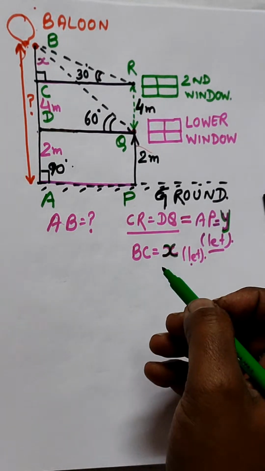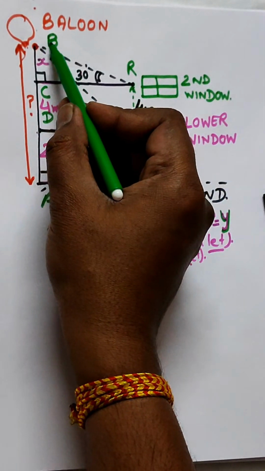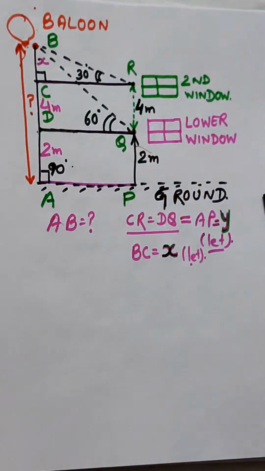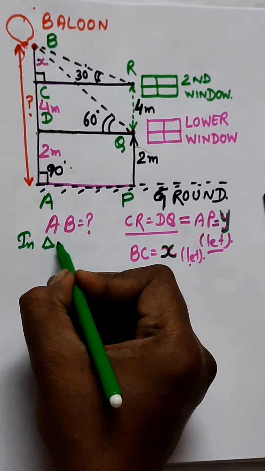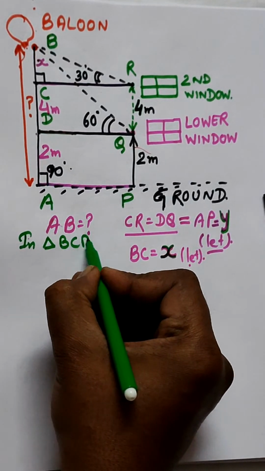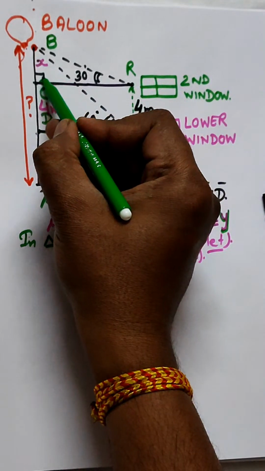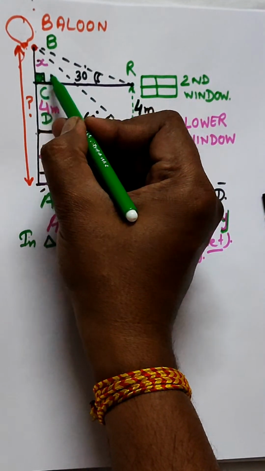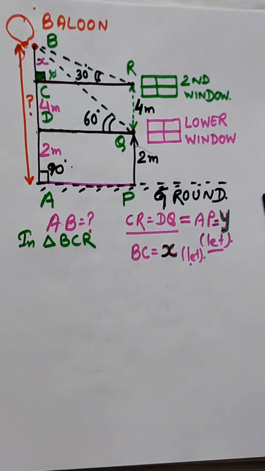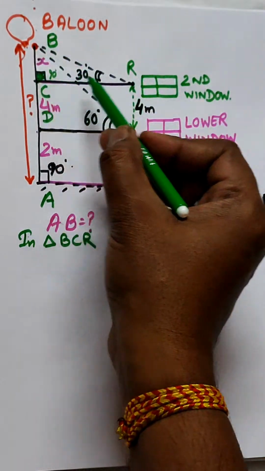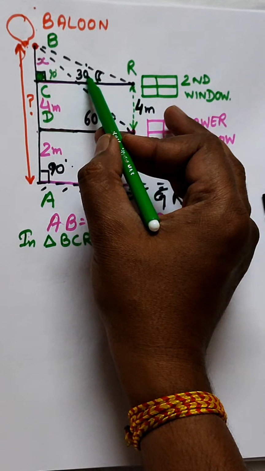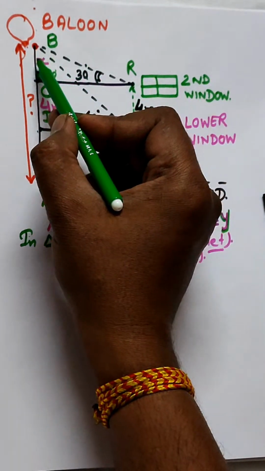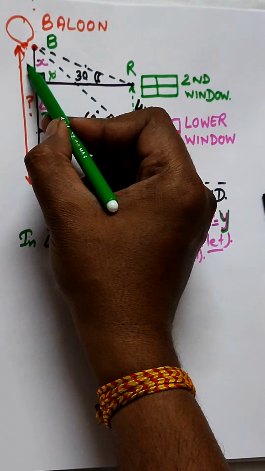Now let us consider the first triangle BCR. In right angle triangle BCR, this will be a right angle triangle because this is 90 degree. You can see here, this is 90, right? So in right angle triangle BCR, you know this angle of elevation, that is 30 degree, and we are going to find out this one.